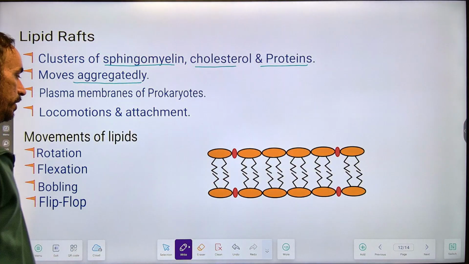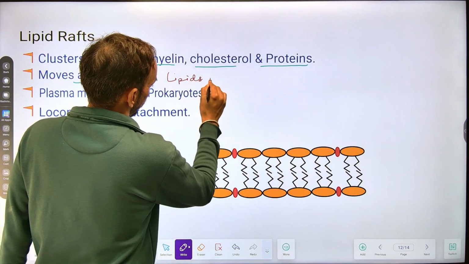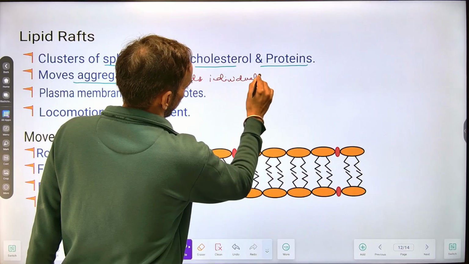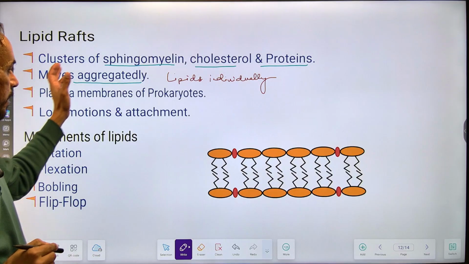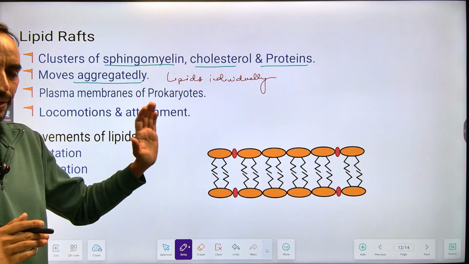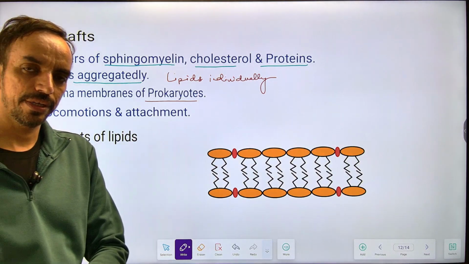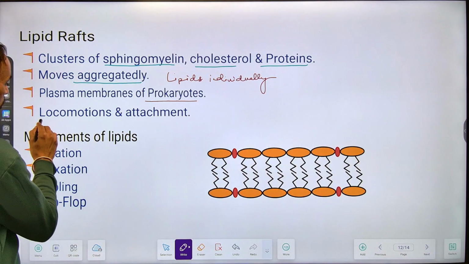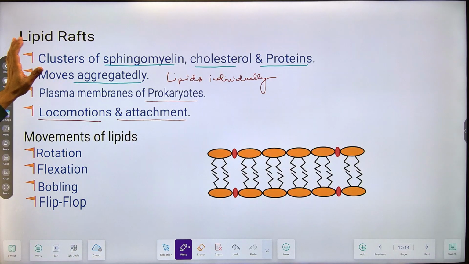In contrast to this, the lipids move individually. जो lipids हैं वो इंडिविजुअल मूवमेंट करते हैं, बट दीज लिपिड राफ्ट्स दे मूव टुगेदर। These are found in the plasma membrane of prokaryotes, although their role is not clearly known, but they play an important role in locomotion as well as in the attachment. So this is all about the lipid rafts.